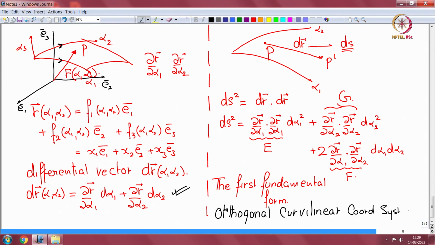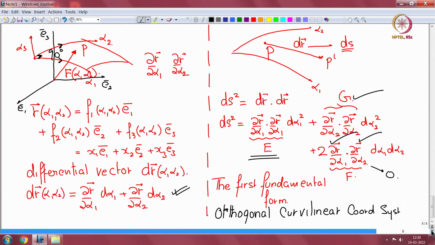That means the angle between alpha 1 and alpha 2, wherever you place your coordinate, is 90 degrees. Because del r by del alpha 1 points in the alpha 1 direction and del r by del alpha 2 in the alpha 2 direction, the dot product of these will be 0. So we are left with E and G.